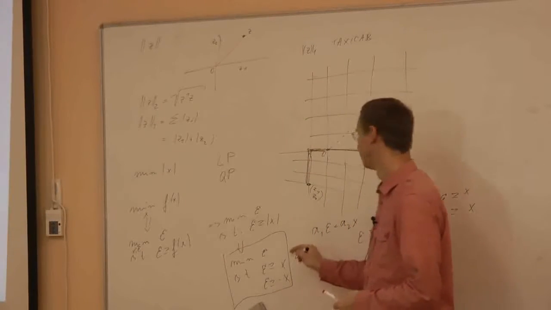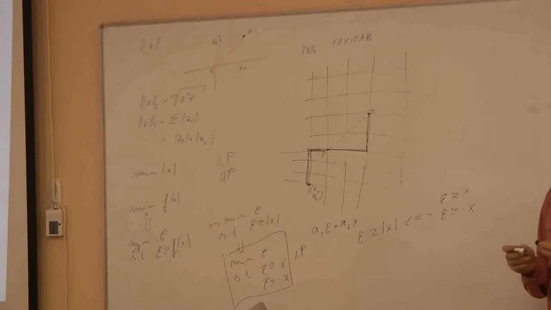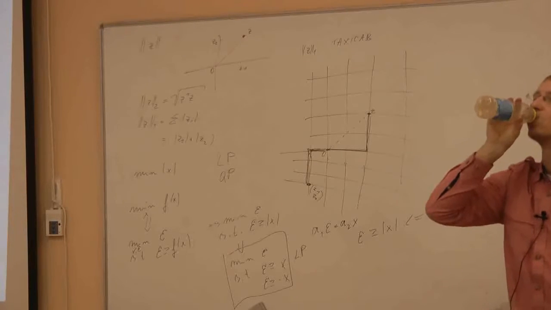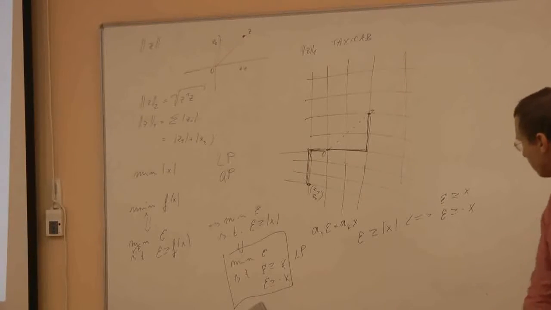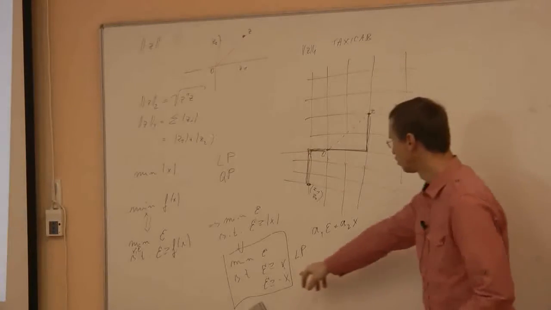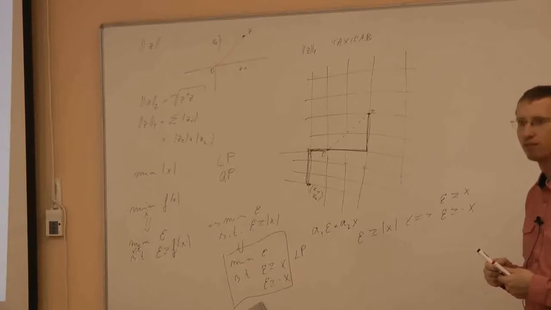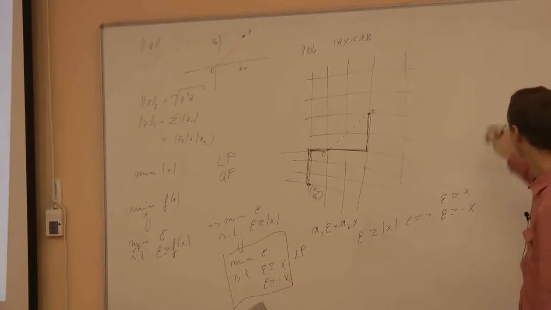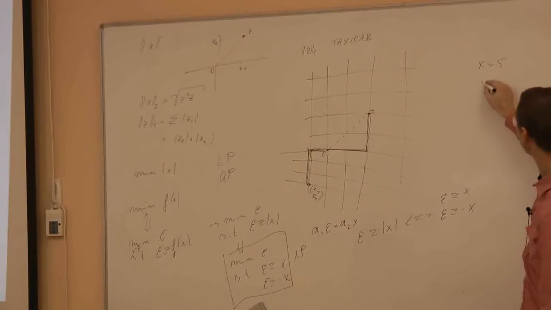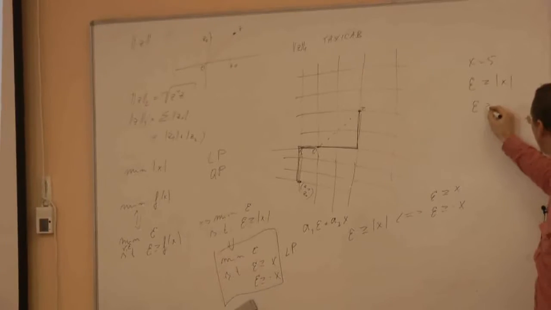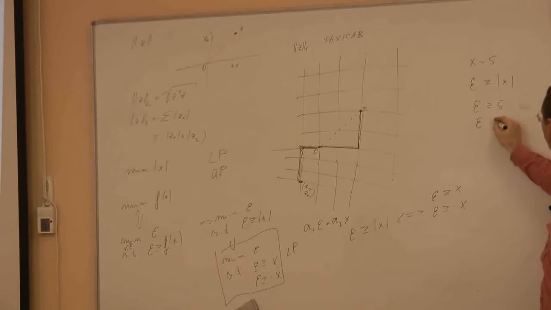is a linear program. Epsilon larger than x and at the same time larger than minus x. So let's say x is 5, and we want to write epsilon larger than the absolute value of x. Does it hold that epsilon is larger than 5 and epsilon is larger than minus 5?